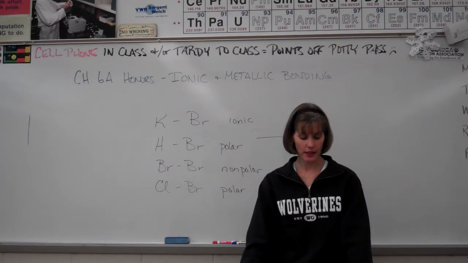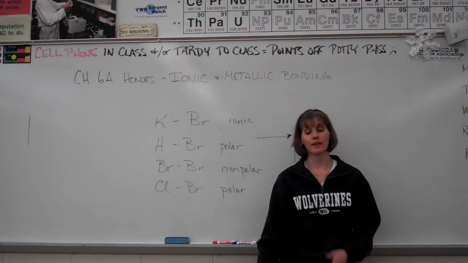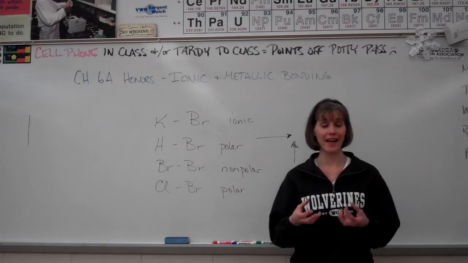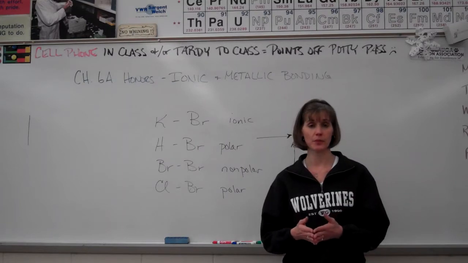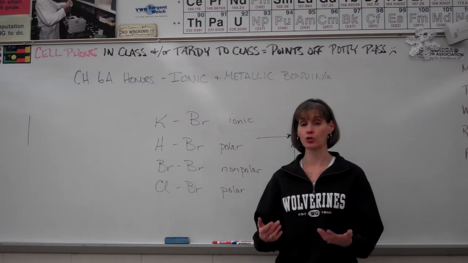Number 16, question number 16, test hint 46. Explain why ionic and molecular compounds have the properties that they do in general. Again, that relates to the strength of attraction between the particles, between the atoms or ions making up the substance. The electrostatic attraction of ions is very strong.